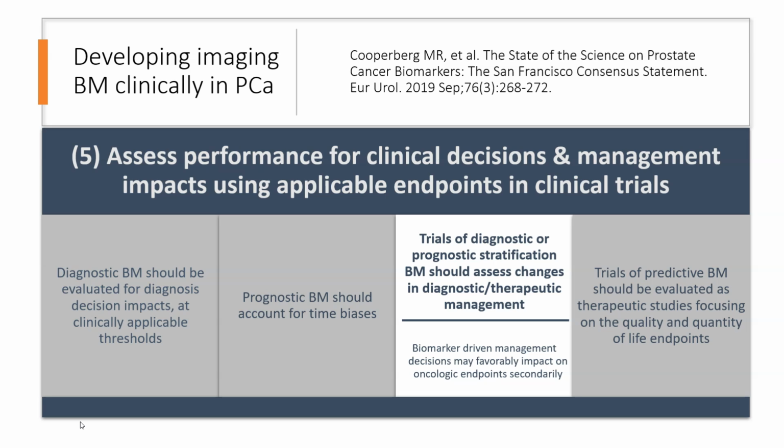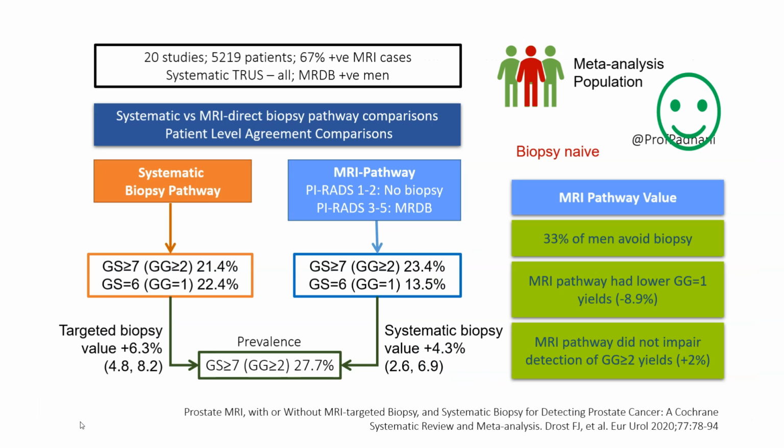Sticking to the theme of clinical trials, trials of diagnostic or prognostic biomarkers should assess changes in the diagnosis and therapy management, respectively. So here's an example where MRI was shown to have value compared to systematic biopsies for prostate cancer diagnosis. On the left-hand side, you can see systematic biopsy, and on the right-hand side, you can see the MRI pathway.